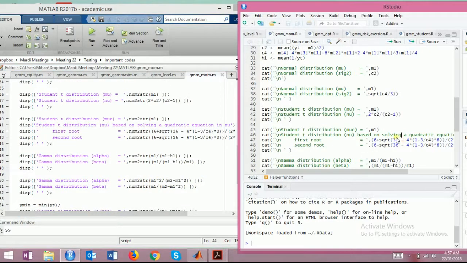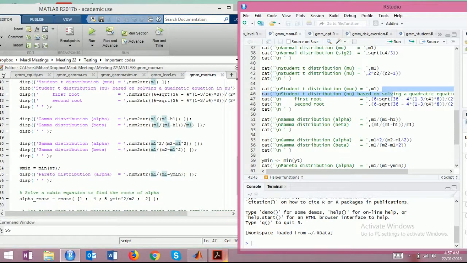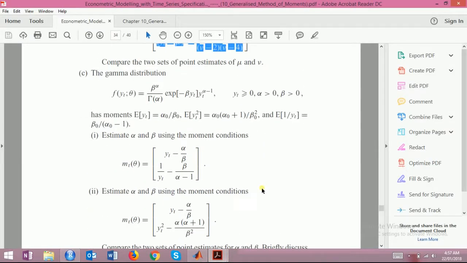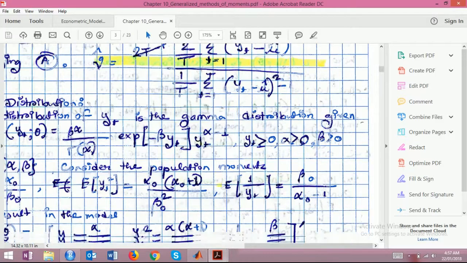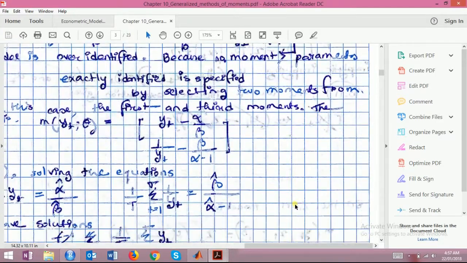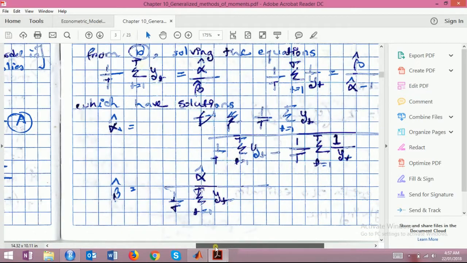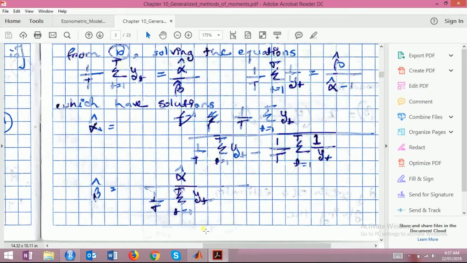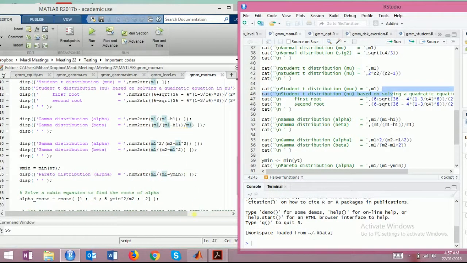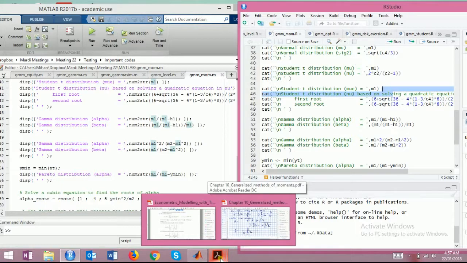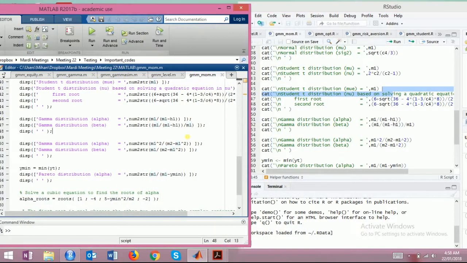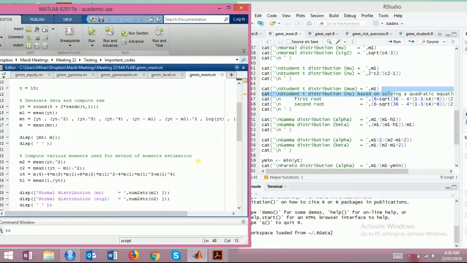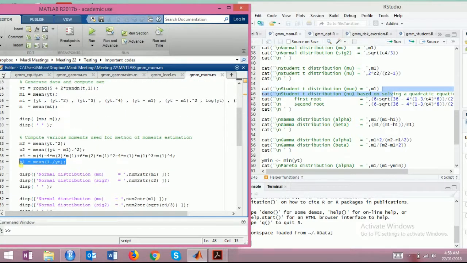And then we look into the gamma distribution. With the gamma distribution we have alpha hat and beta hat that we estimated. This is alpha and this is beta hat. So for the gamma distribution, alpha is m1 divided by m1 minus h1, where h1 is the mean of 1 by yt.